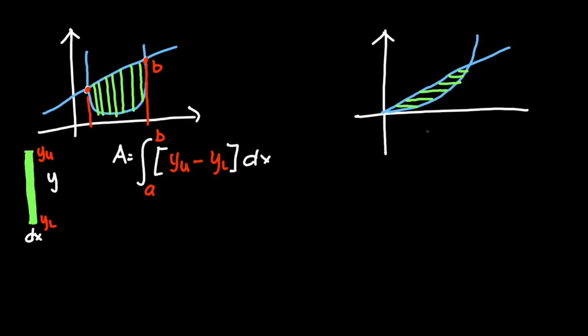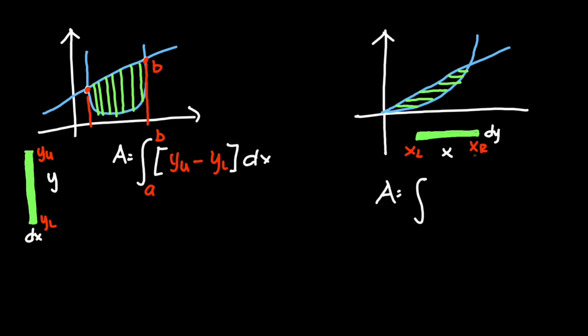For the second one, for the horizontal element, let me just make a zoom in again. Let us call this x for convenience since it is also a horizontal element. And let us call the thickness of this dy. So in order to calculate the area for this using a horizontal element, we must know how to use this x right and x left.